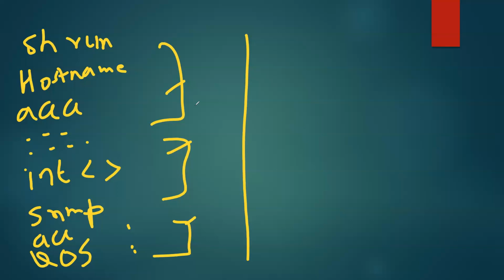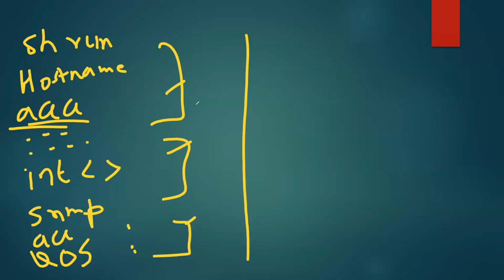Think like this. In Cisco also, we go to config T mode, the global configuration mode, correct? And then in global config, we put some global configuration like AAA, then a group of SNMP commands, then banner commands.